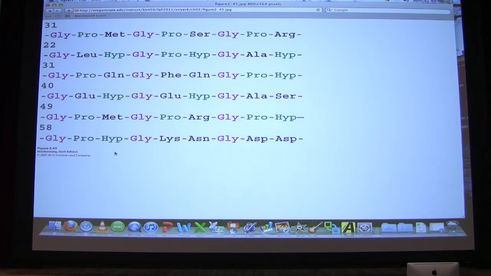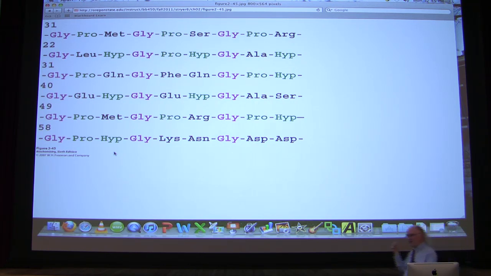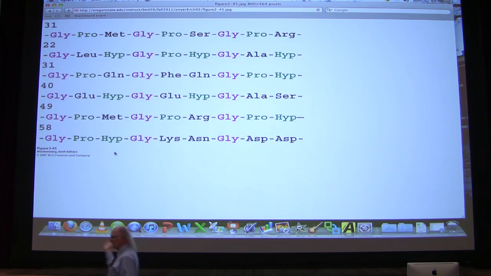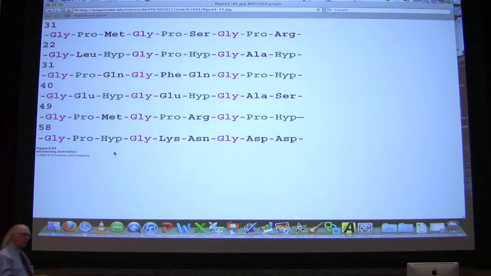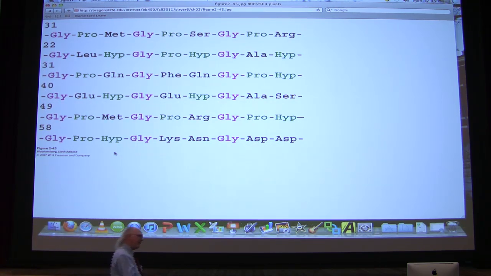And that hydroxyl group ultimately comes from vitamin C. One of the few reactions where we actually have a vitamin that's playing an important role in a chemical process. Vitamin C is ultimately the source of this. We make hydroxyproline, and one of the reasons that we have to have hydroxyproline is so we can make strong collagen. Okay?